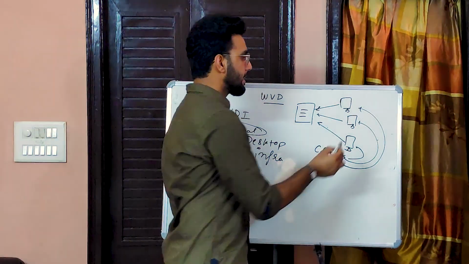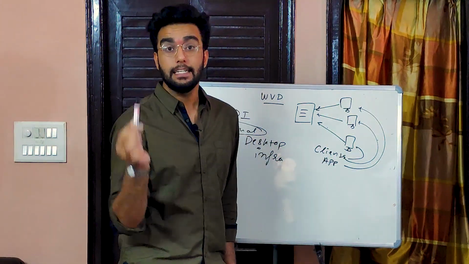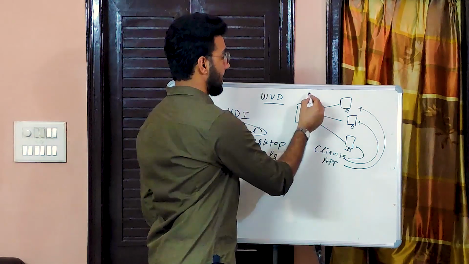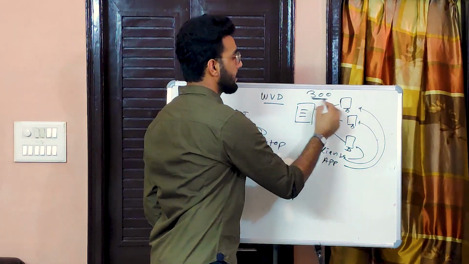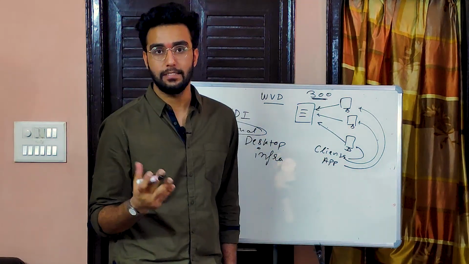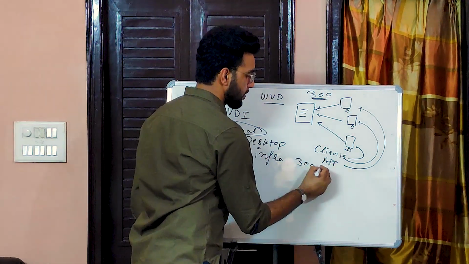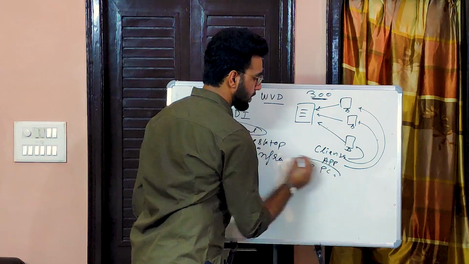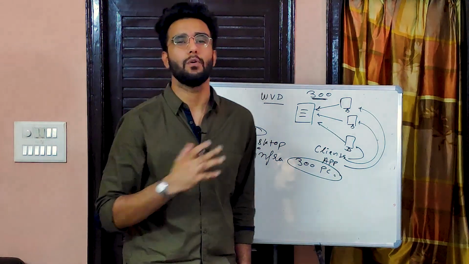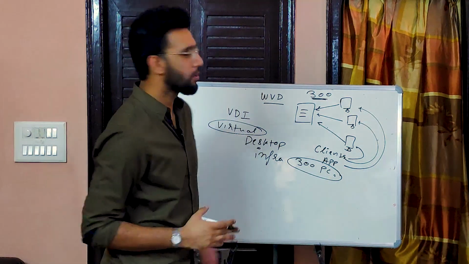Now, let's say a company has around 300 end users or 300 client machines, what are they going to need? They are going to need 300 systems. Well, 300 PCs, laptops or PCs or whatever system that you would require.